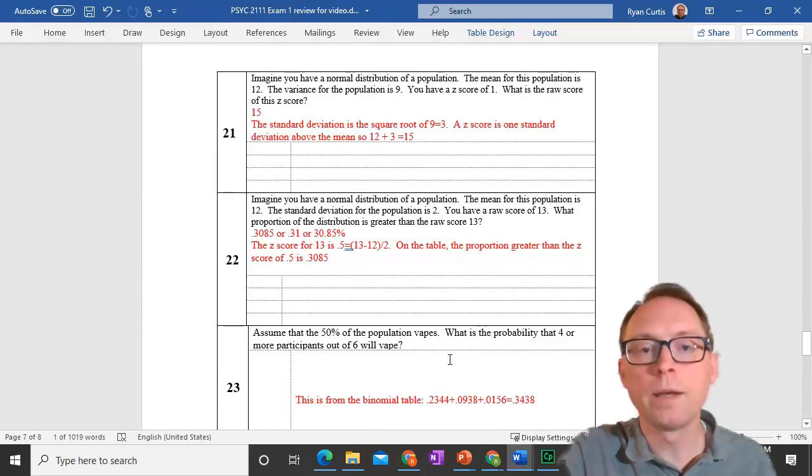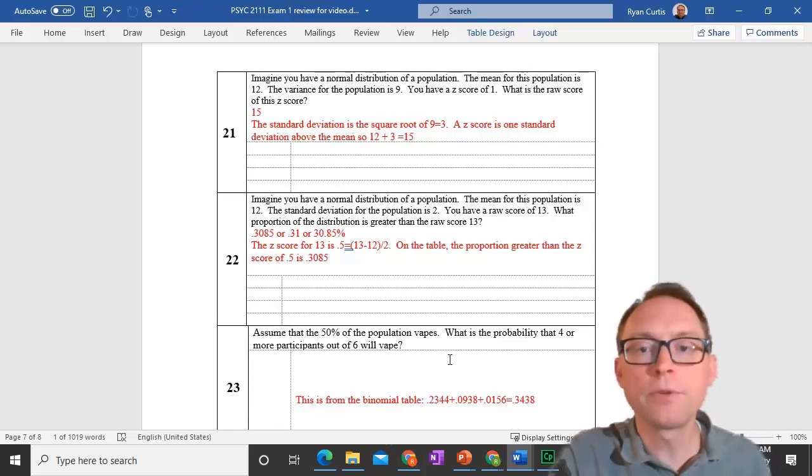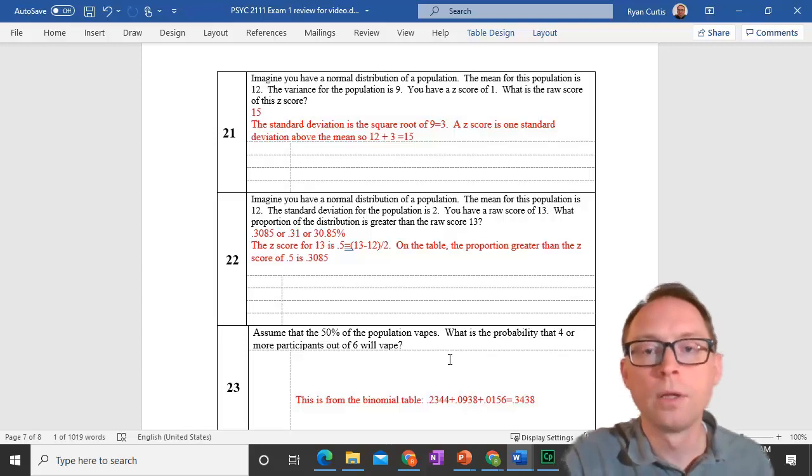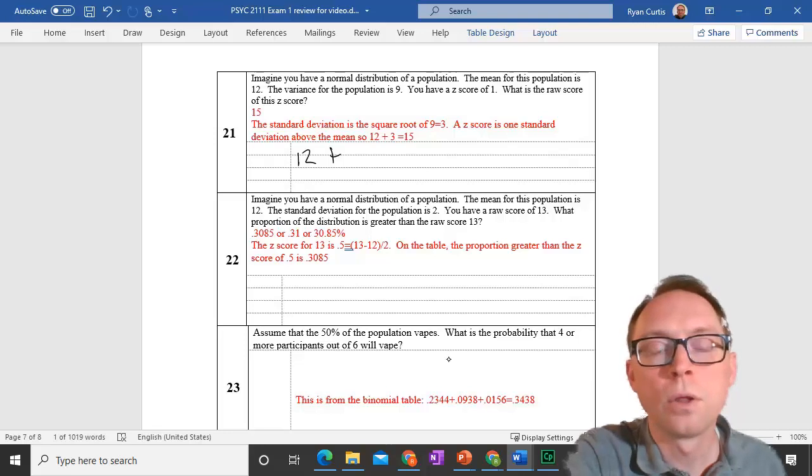21. I have a normal distribution of a population. The mean for the population is 12. The variance for the population is 9. You have a z-score of 1. What is the raw score? Remember, this is what we did before. The mean is 12. So you take the mean plus the standard deviation, but we only have the variance.